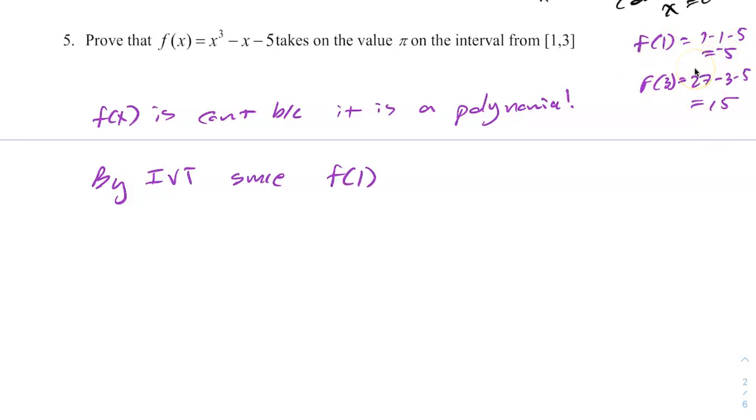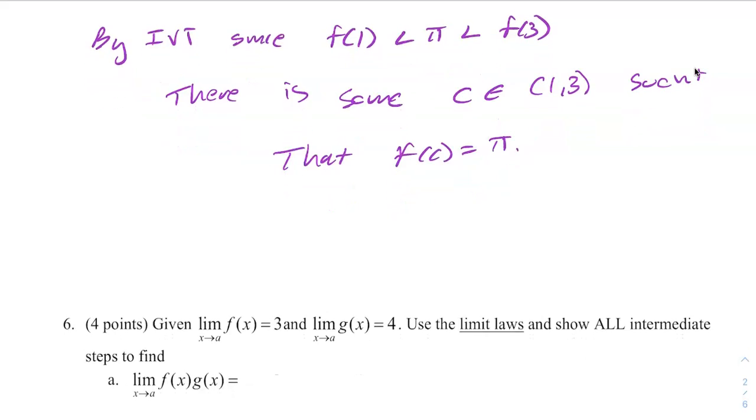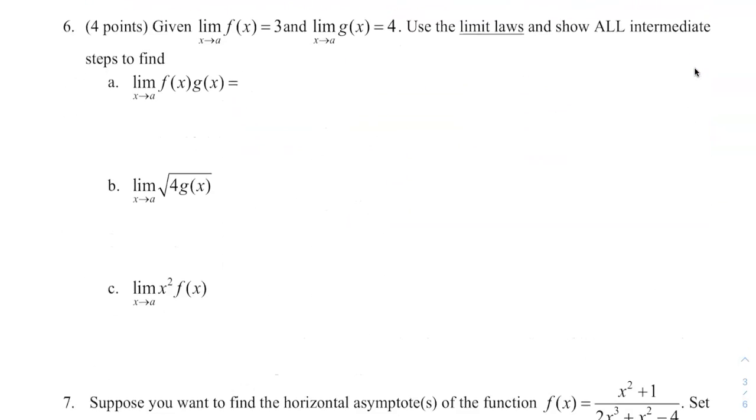So f of 1 is less than pi is less than f of 3. There is some c within 1, 3 such that f of c equals pi. And that's how you prove it.